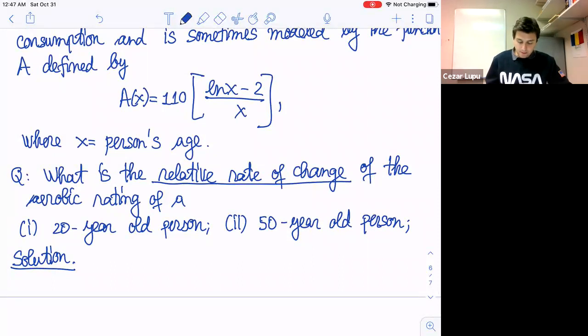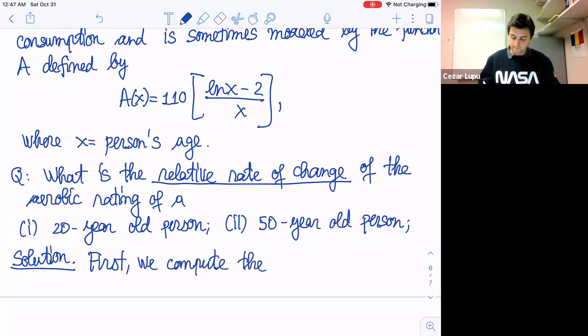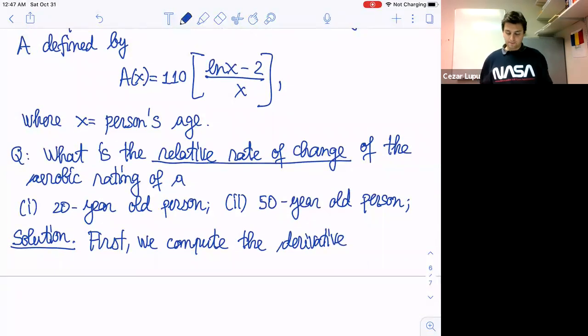So now let's compute the derivative. First, we compute the derivative of a of x.